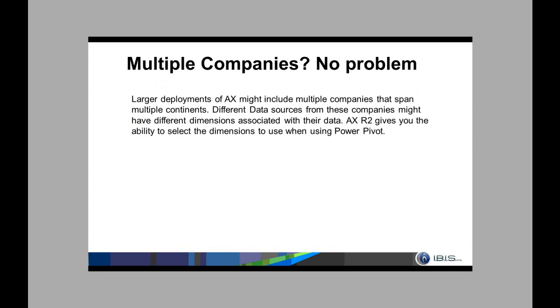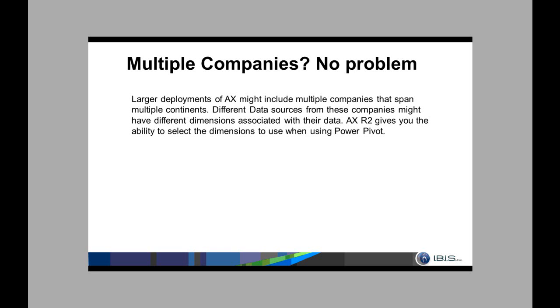The other issue that can arise with AX is if you have multiple companies in a singular environment of AX that span across different continents, which may have different internal dimensions or data sets as well. If you're trying to pull in data or reporting across multiple companies, you could have a variance in dimensions and data.